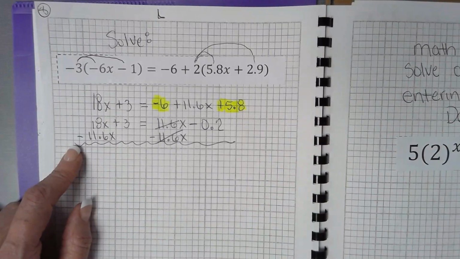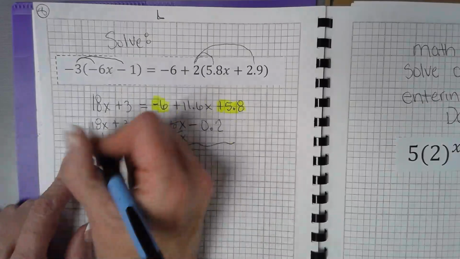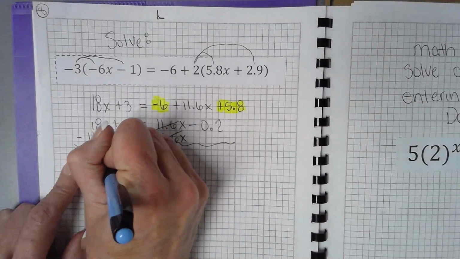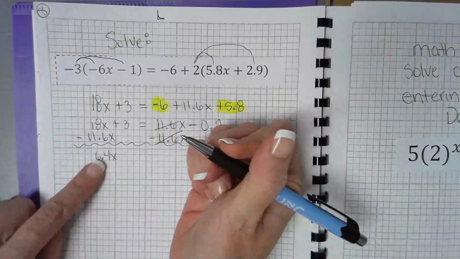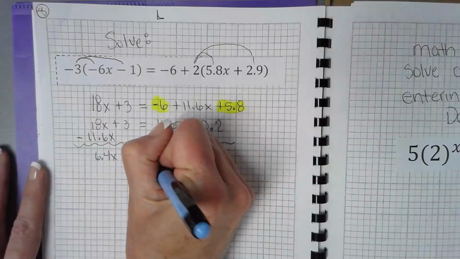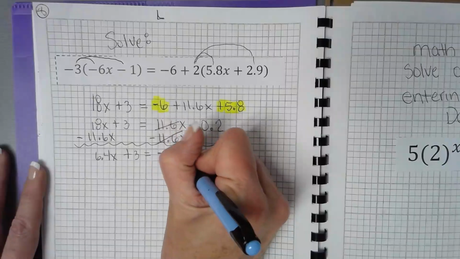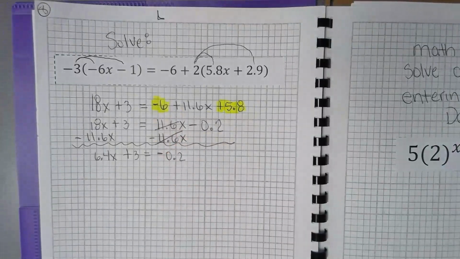Trying to practice doing some decimal stuff. What'd you get? Did you say 6.4? All right, 6.4. And don't forget, y'all, that's got an X on it. Bring down your plus 3. Bring down your equal sign and bring down negative 0.2. And y'all, now we got a 2-step equation. So what do we do now?